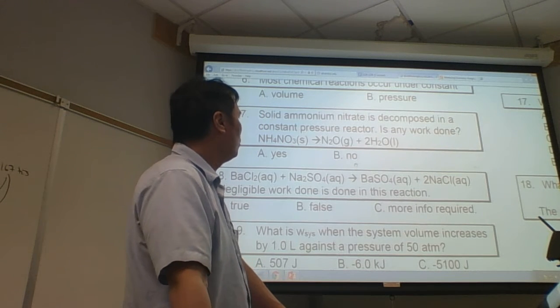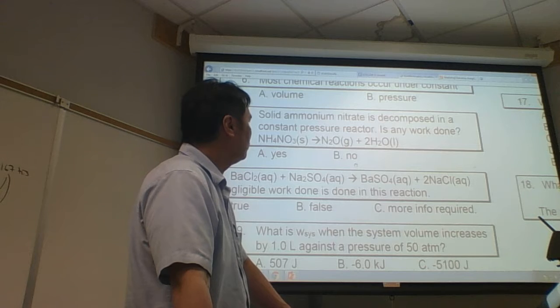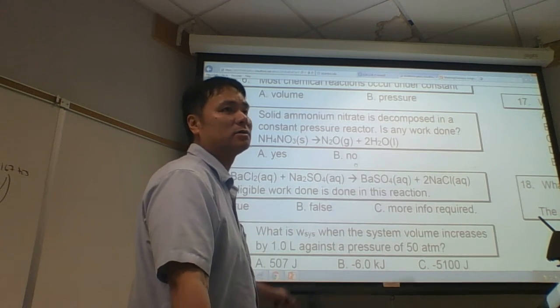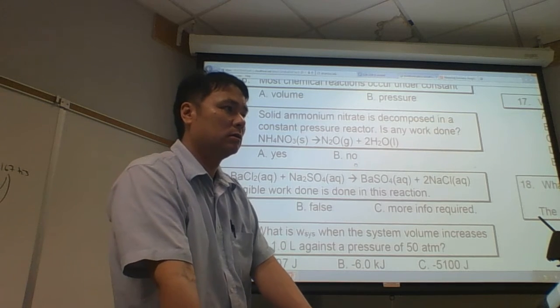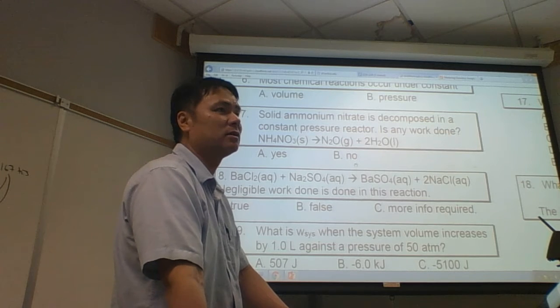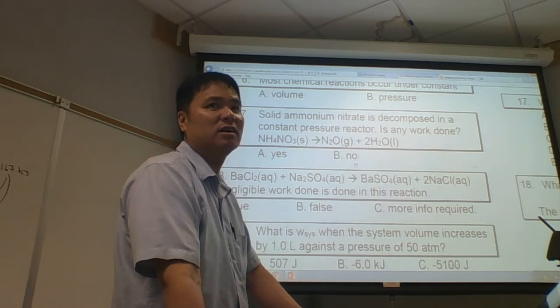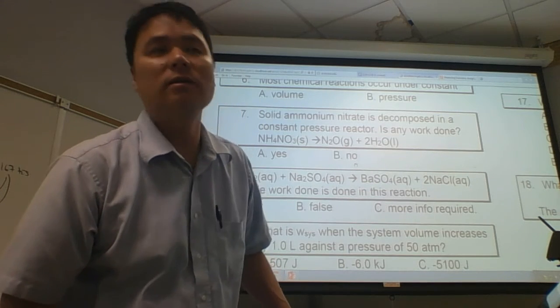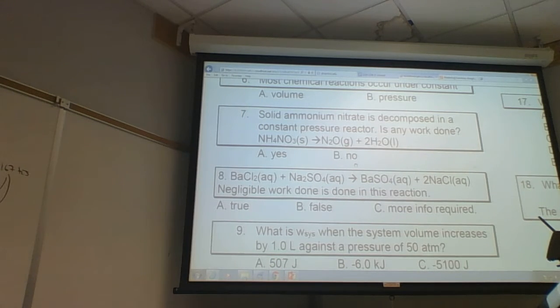What could I do to make this no work done? What could I do to make B the correct answer? If I did this under constant volume, if I did a constant volume reactor, then would any work have been done? No. The volume can't change, so no work could be done. And so you start thinking about that to get some variation, to make it a little bit more challenging, or to try to understand it a little bit deeper.